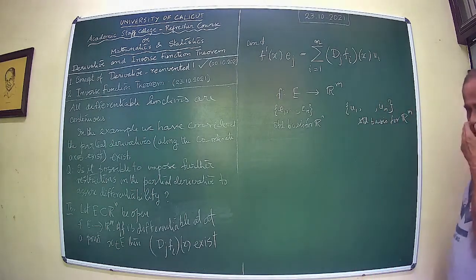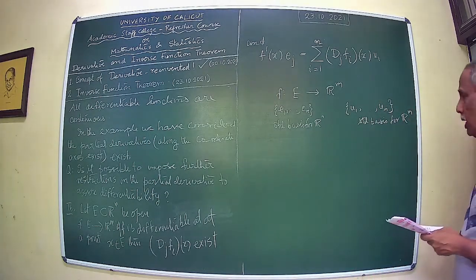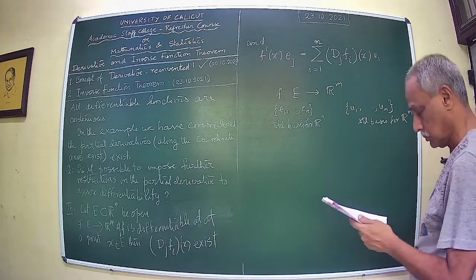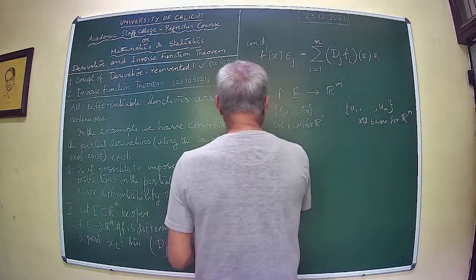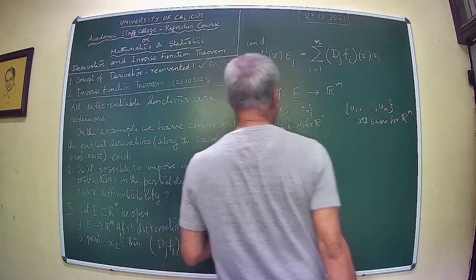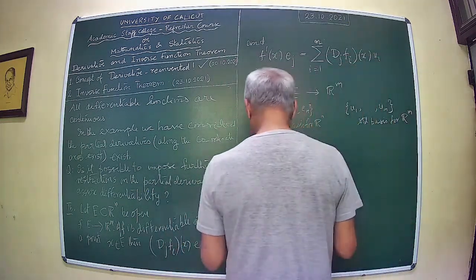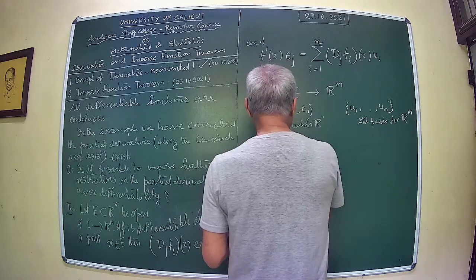Now let me write this. You see that f is a map from E to R^m, so it is a vector function.